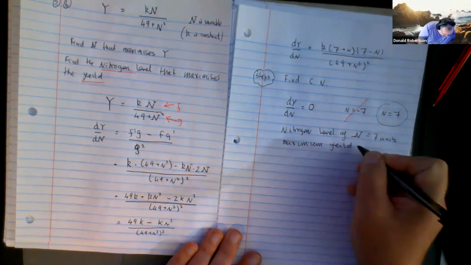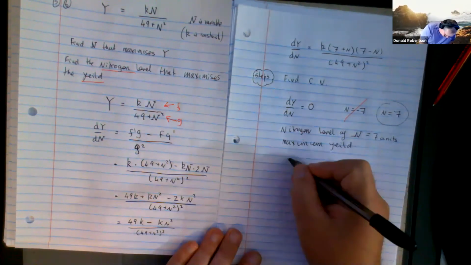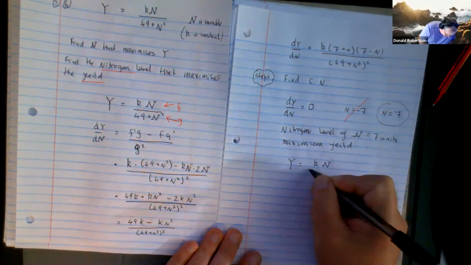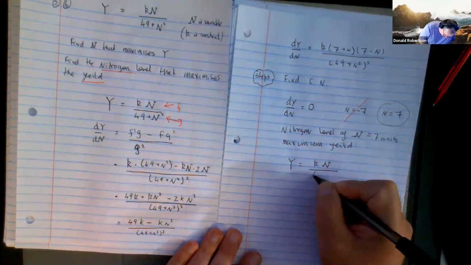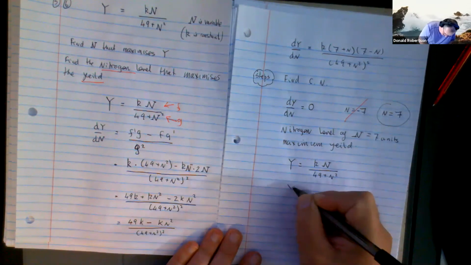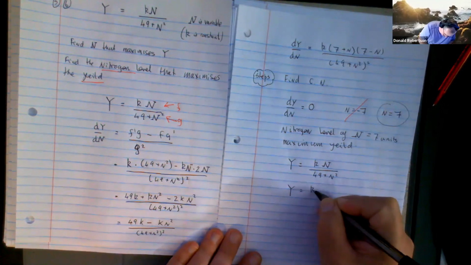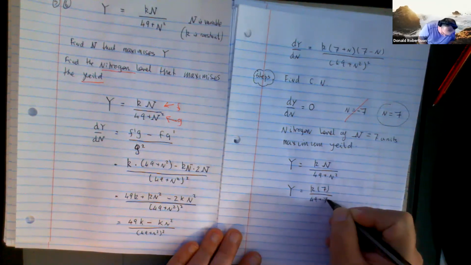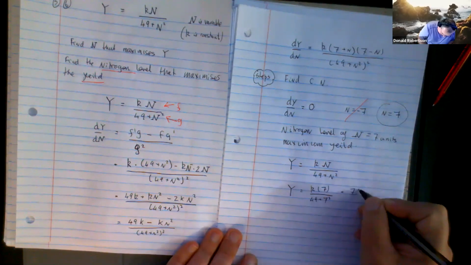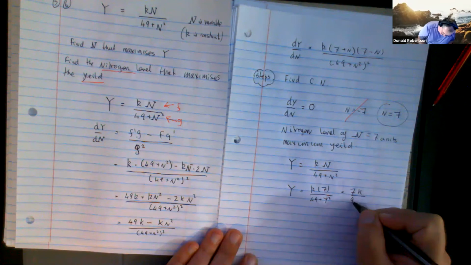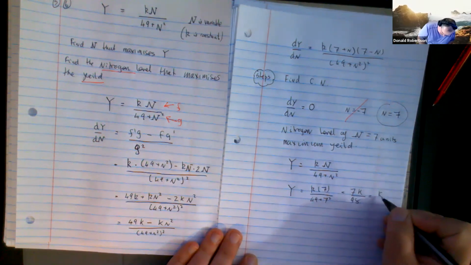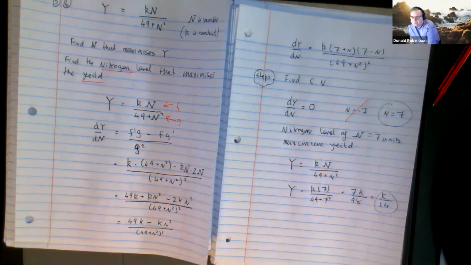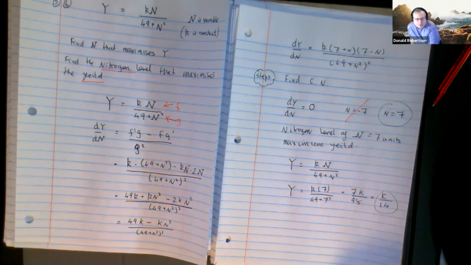And if they wanted to know what that yield was, I'd return to the original formula. And I tell you, it's whatever K over 14 was, if they asked for it.